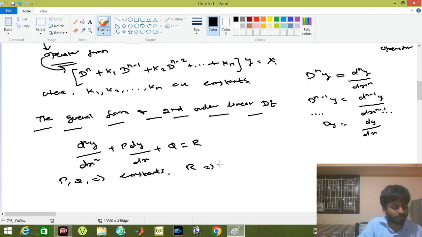Capital R is a function of x, or sometimes it may be a constant.